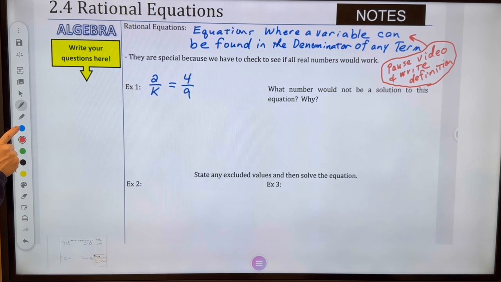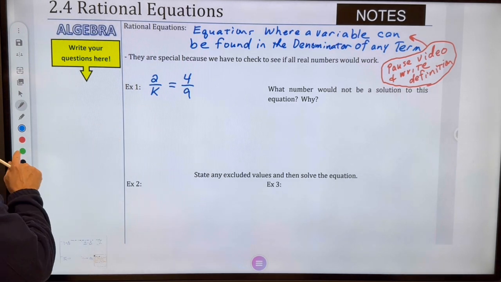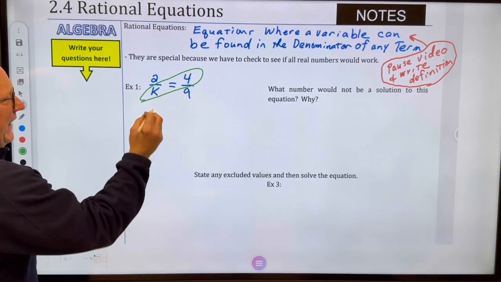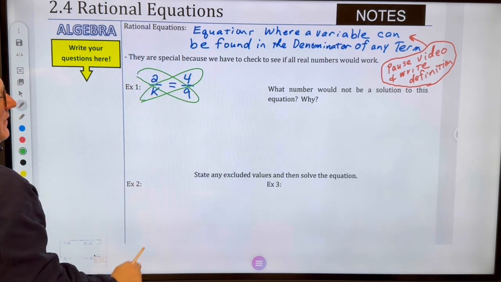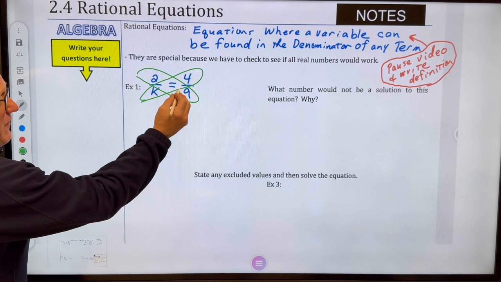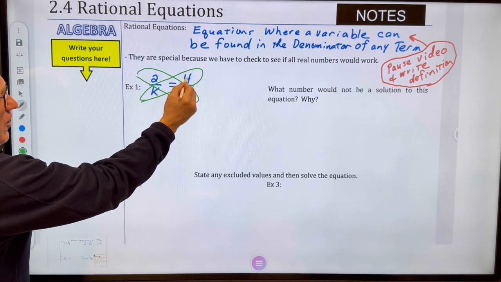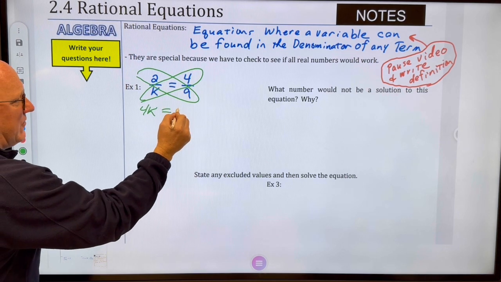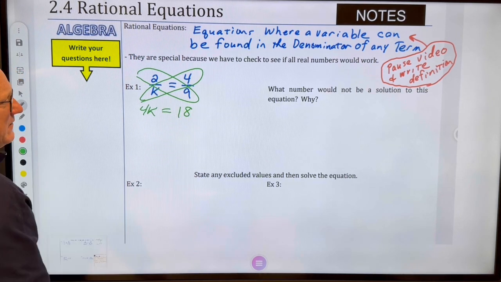Let's start with how do we solve these equations? Well, first of all, we solve them by thinking this is a proportion. And we're going to cross multiply here. That should be something that we remember from junior high. However, if you don't, this is a good refresher course. 4 times k is 4k. And 2 times 9 is 18.